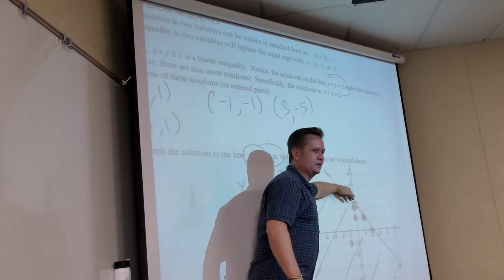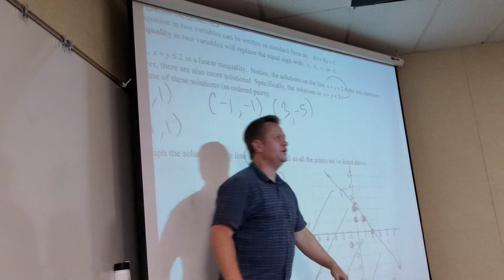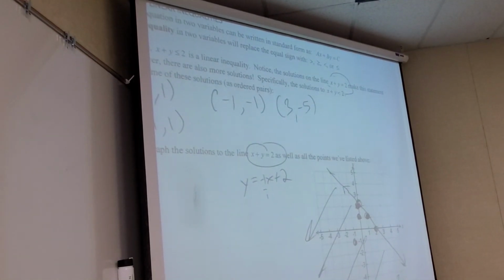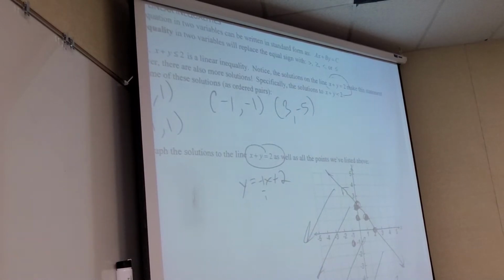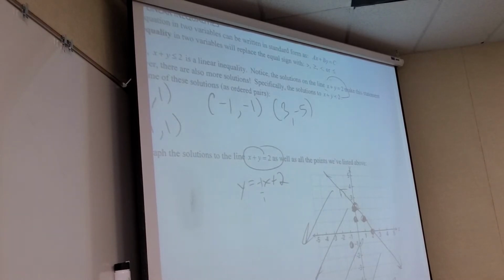Because now it includes not just all the points on the line, but all these points too. Anytime you involve an inequality, there are going to be more options that work. Because it doesn't just have to equal, it can now be bigger or less or whatever the inequality is.